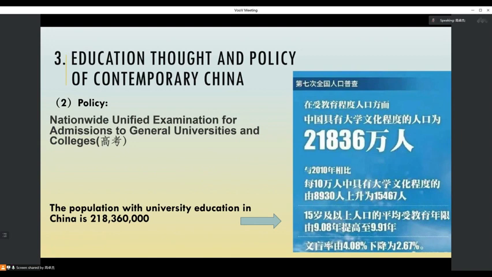Policy, just like 中考, the examination to high school, and the examination for college and university.